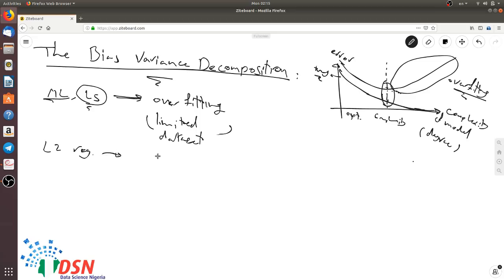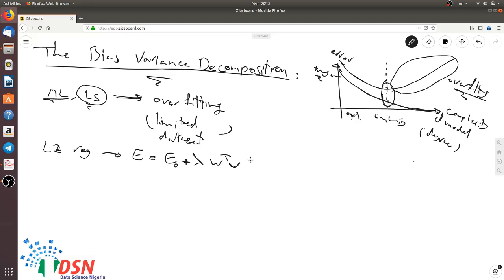If this is the squared loss, we add this term to the cost function to reduce the variance of the weights. With a suitable value of lambda, we will have good generalization for the model.